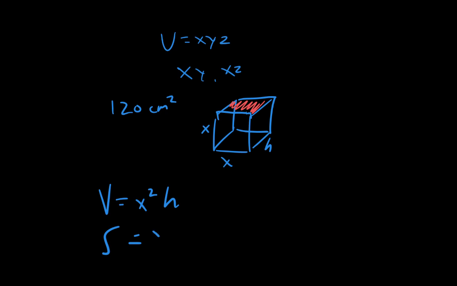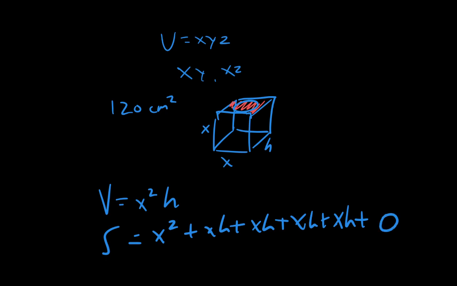So that gives us X squared plus XH plus XH plus XH plus XH plus this area right here on top, which is 0 because it's open, there's no lid. And we have the four faces, 1, 2, 3, and 4, which are XH.